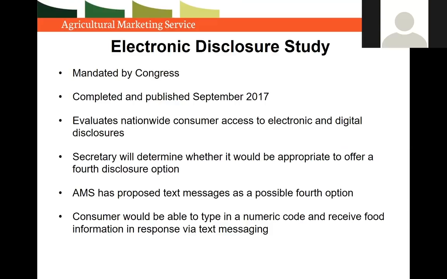Therefore, some retailers may need to install Wi-Fi networks for consumers without access to cellular data or local Wi-Fi networks.